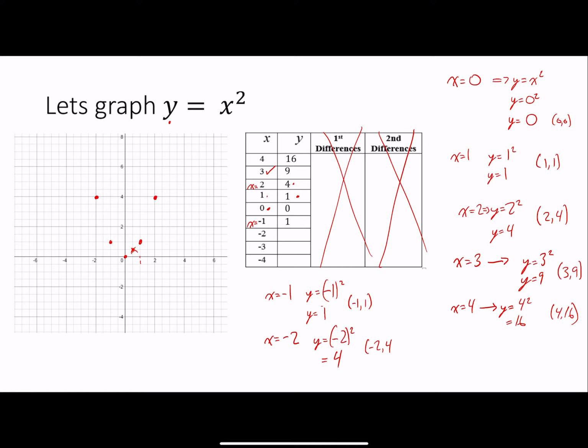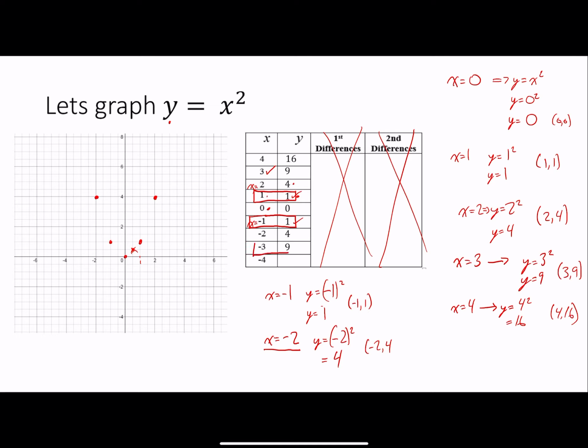There's some symmetry here in that when x is minus 1, or if it's 1, my y value is the same. If x is minus 3, let's look at minus 3. It's going to be 9.